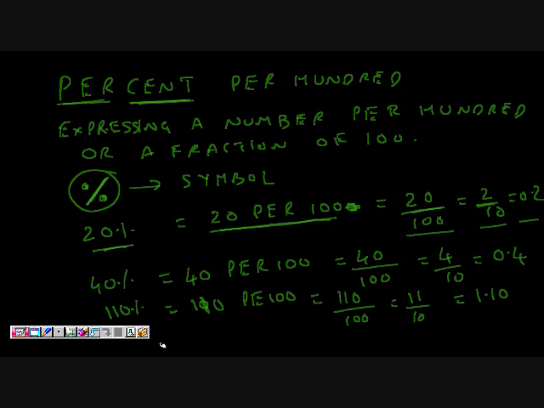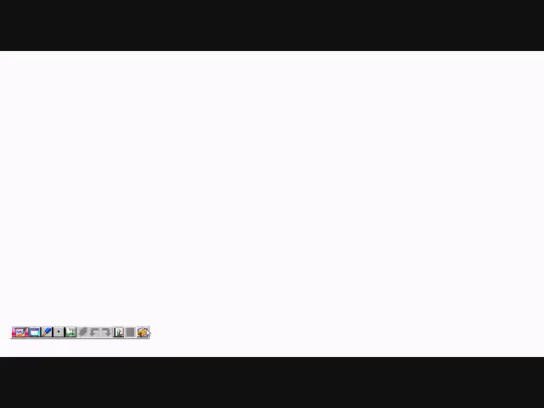Okay. Let's take a few examples so that we can make the concept a little bit more clear. Suppose we are to find out 10% of 200. So how do you find out? So let's say 10% of 200. So that means 10 per 100 of 200.